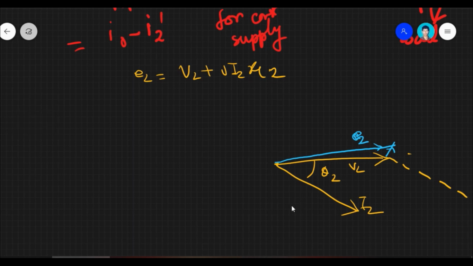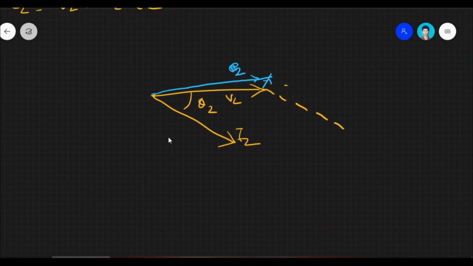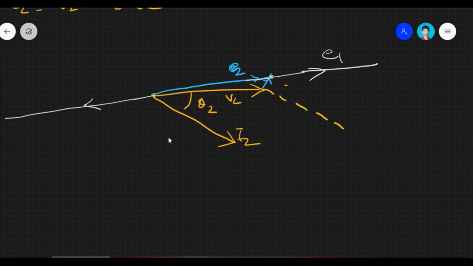Okay, and one more thing I would like to mention here: don't get confused with polarity. Polarity I will discuss later. So E1 will be in phase with E2. This is my E1. Now once I get my E1, I can also draw minus E1. This is my minus E1.